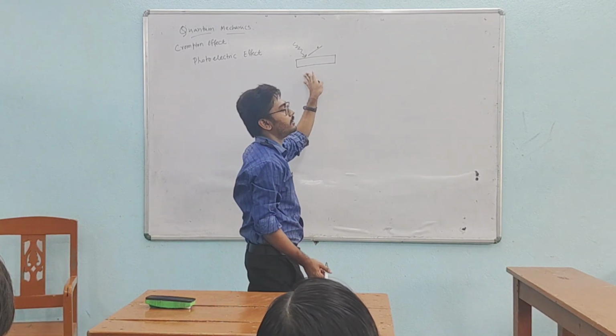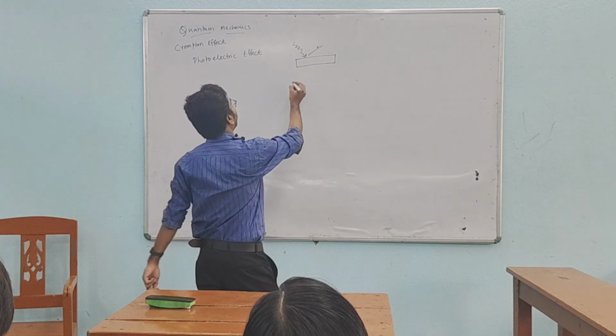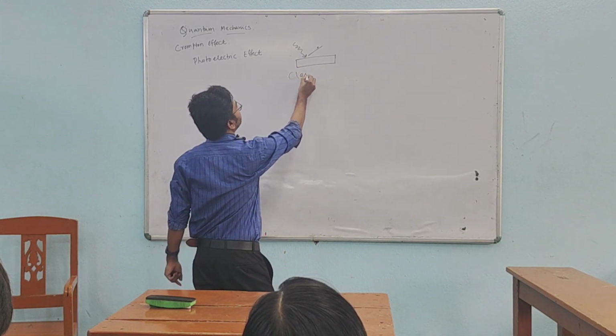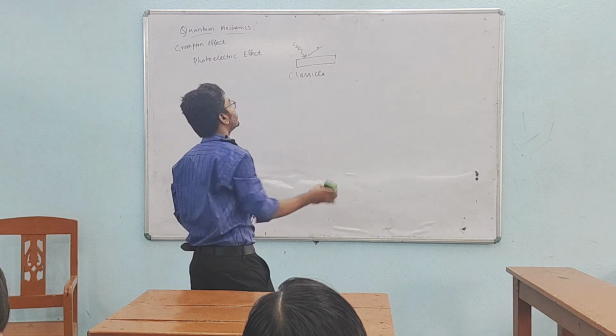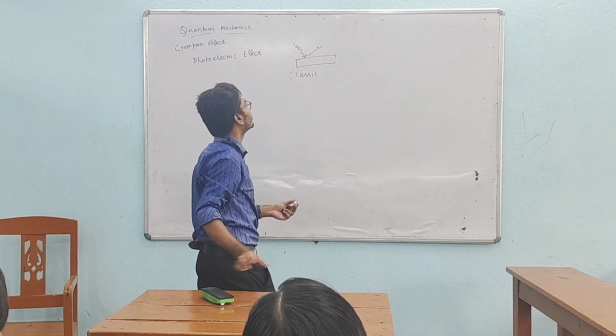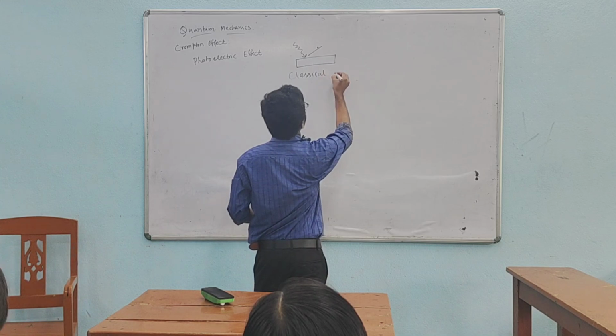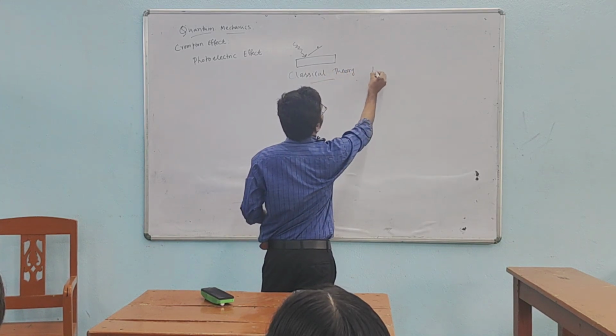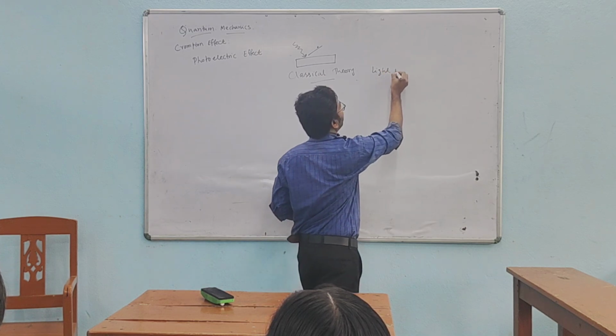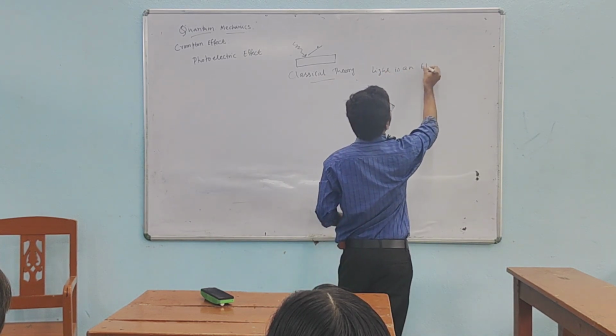So what is classical theory? The classical theory tells that light is an electromagnetic wave.